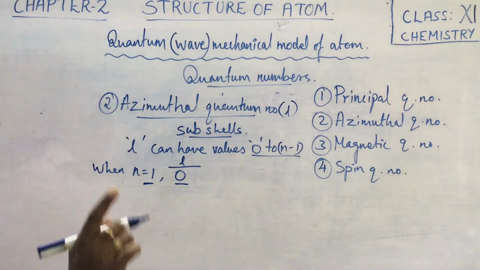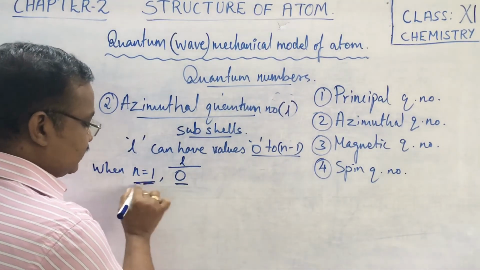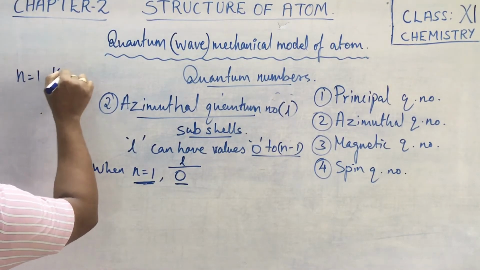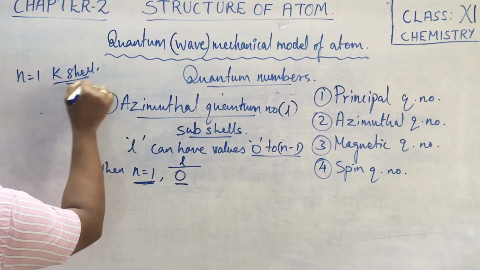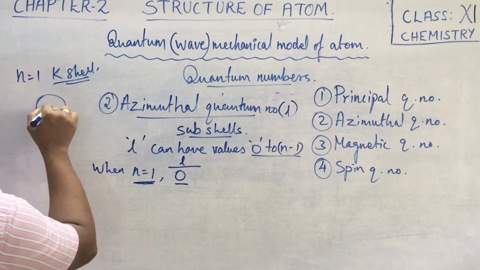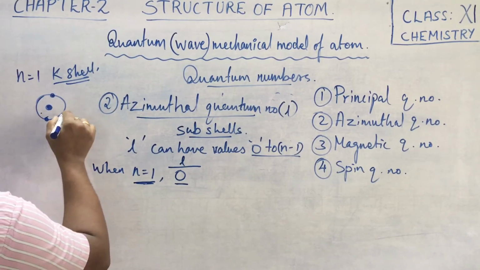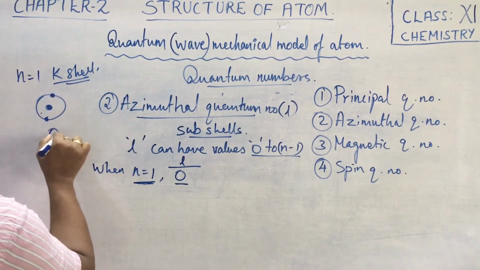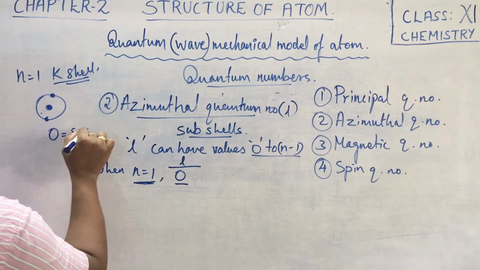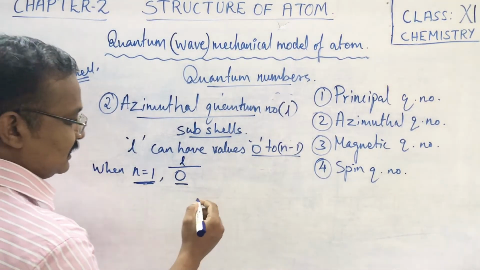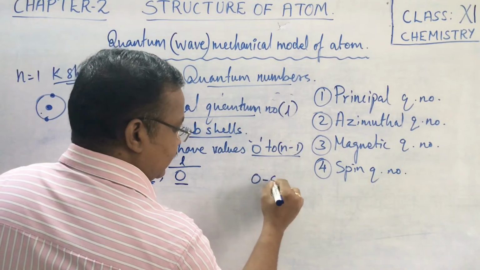That means in the first energy level, n is equal to 1, our K shell only, correct? In the K shell we know that only 2 electrons are present. That means this 0 explains our s subshell. So 0 represents the s subshell.